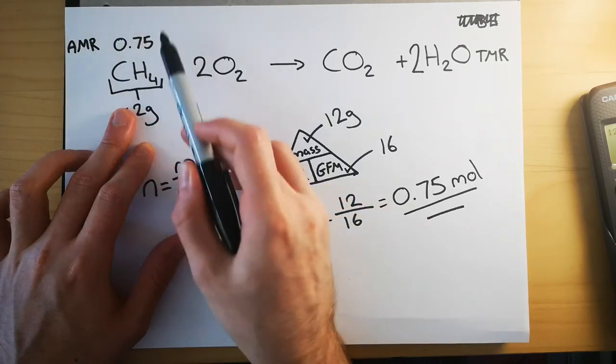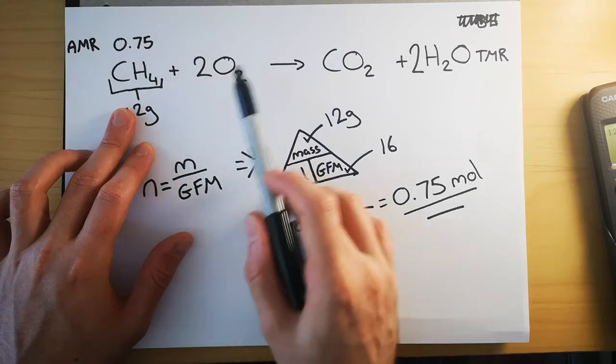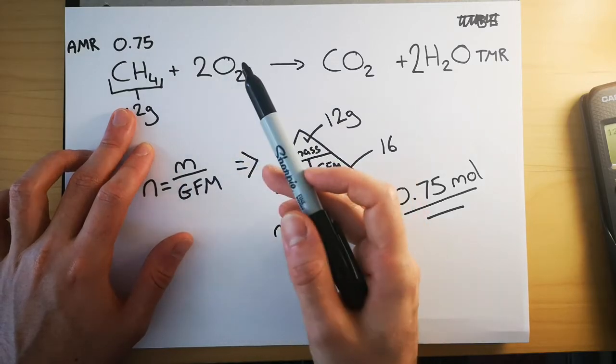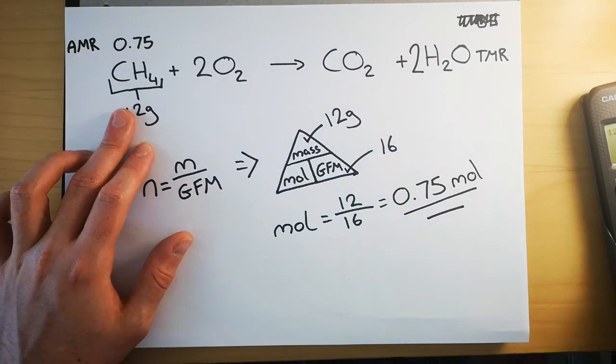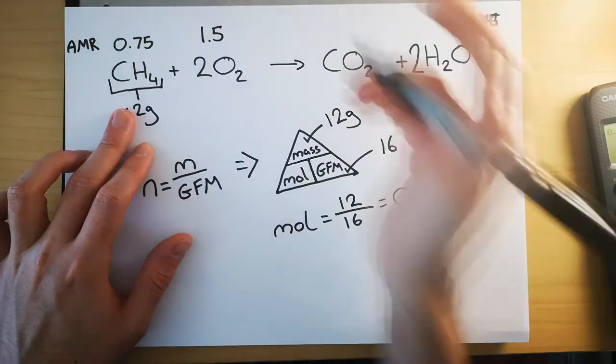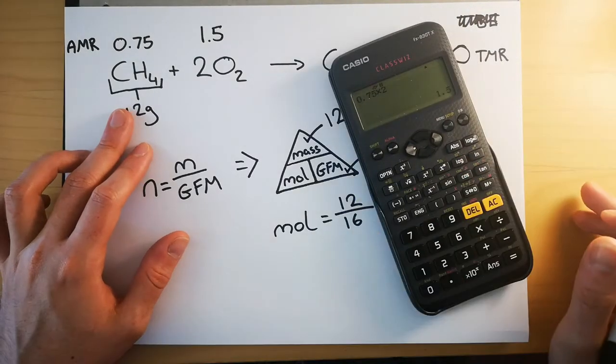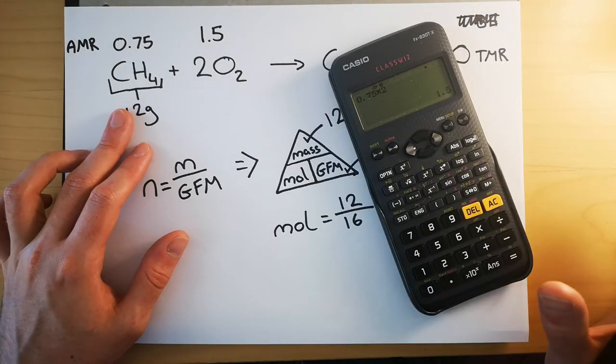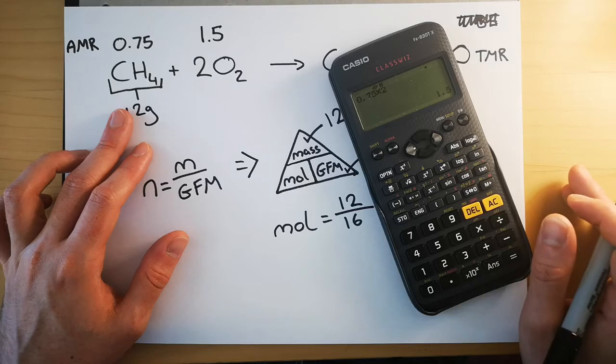So what do I have to do to that number to find out how many moles of oxygen I need? Well, I simply have to multiply it by 2. So 0.75 times 2 is 1.5. And I will always do it in my calculator, even though it's fairly straightforward. You don't want to make a silly mistake.